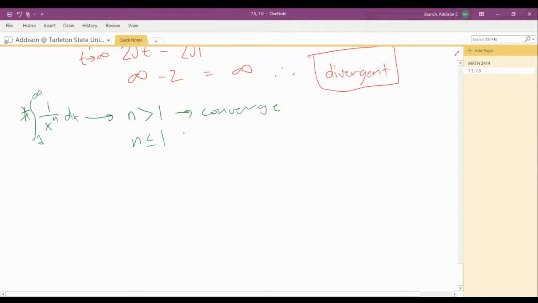If n is less than or equal to 1, it will diverge. So just a cool little fun fact that will come back into play later on.